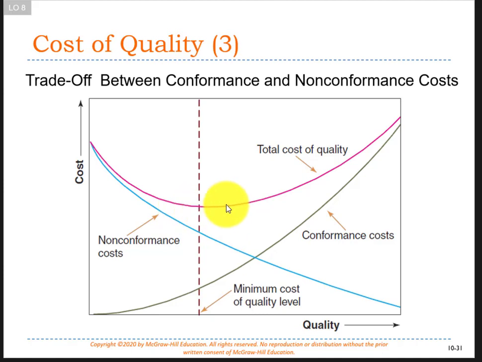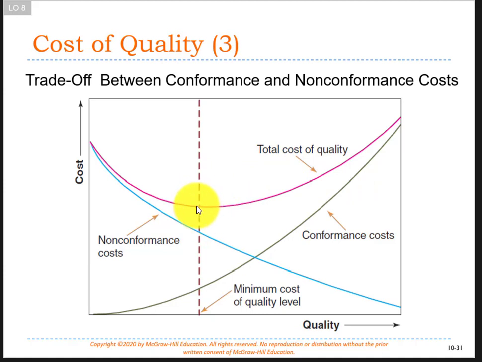Right in here somewhere, it's going to be an estimate, where the cost of having bad things sent out is going down, all right, and the cost of all those inspections and all that extra work is going up, okay? You want to be in this middle point here. You don't want to have too much cost for nonconformance, and you don't want to inspect everything 3 or 4 times and spend too much money on that.